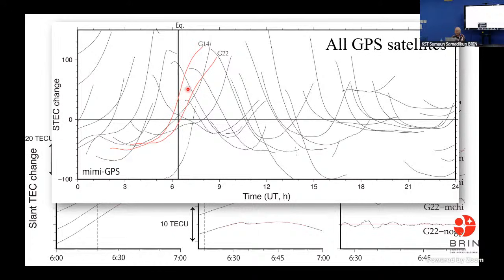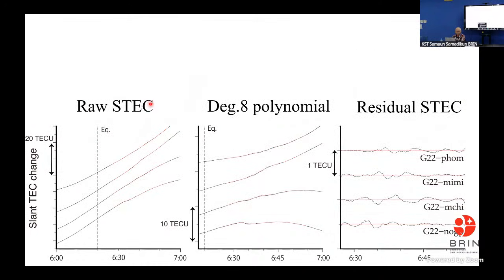So you think it's just smooth and there is no disturbance, and the disturbance is very small. Okay, if you magnify and fit a polynomial, then you can see small departure from the smooth curve.